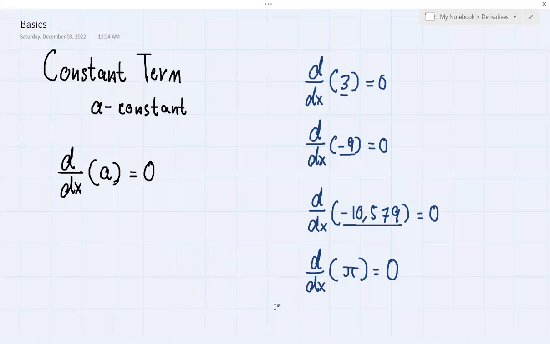Nakukuha nyo ba ako? Okay? Kahit positive, negative, small value, naka-decimal o hindi, basta naka-constant term lang siya, the answer is still 0. Okay?